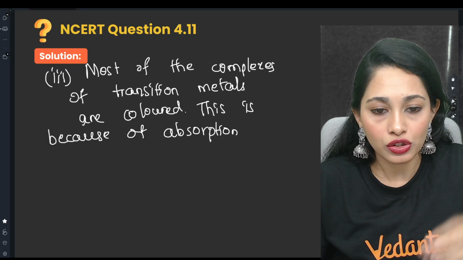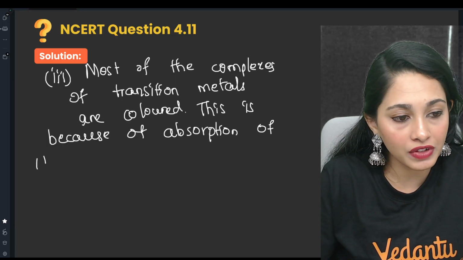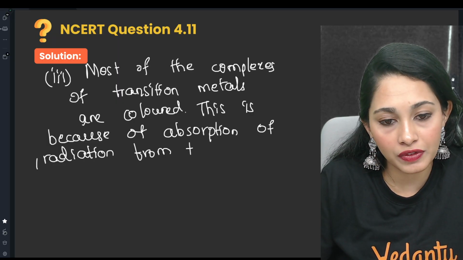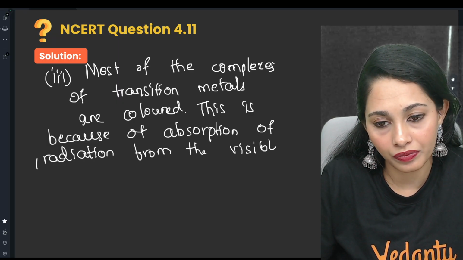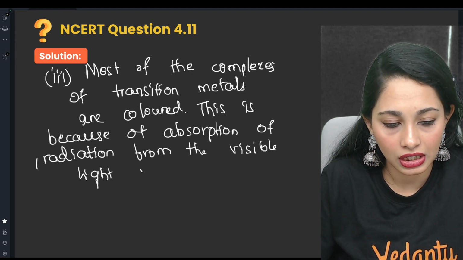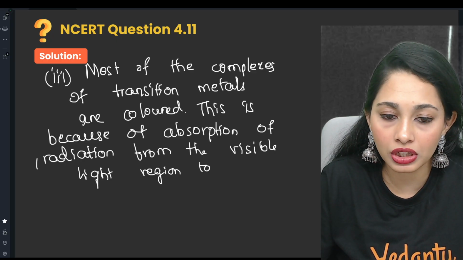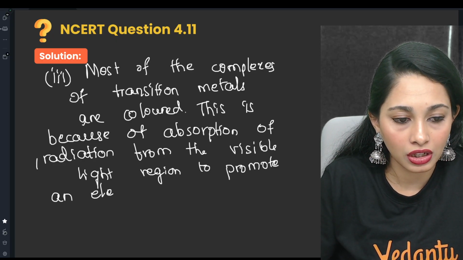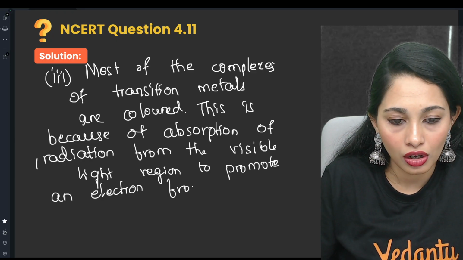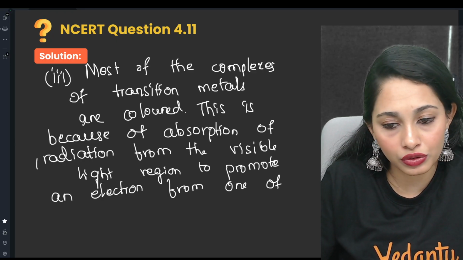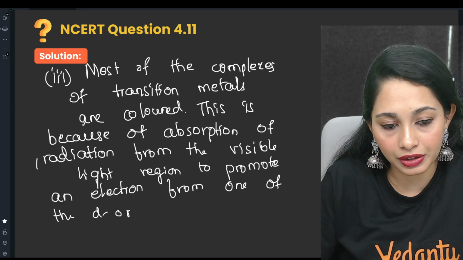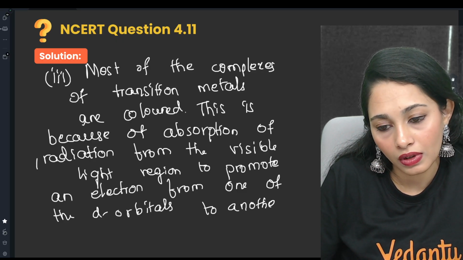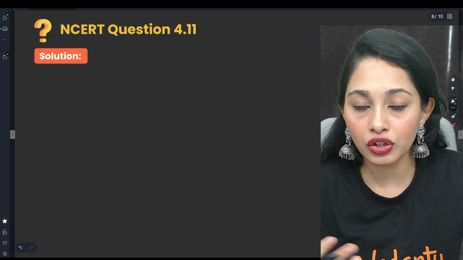Let me explain this. It is because of the absorption of radiation from the visible light region to promote an electron from one of the d orbitals to another. Transition occurs here. Electron donating species are called ligands. We will be discussing ligands in detail in coordination compounds.